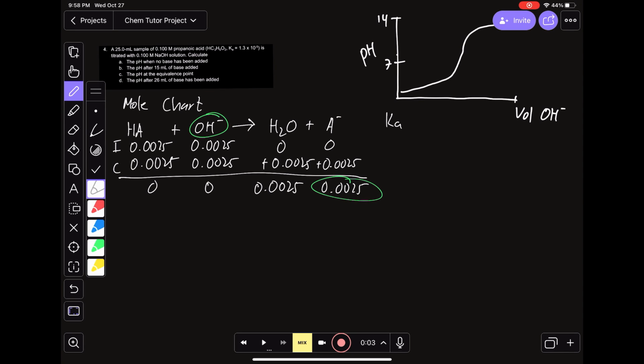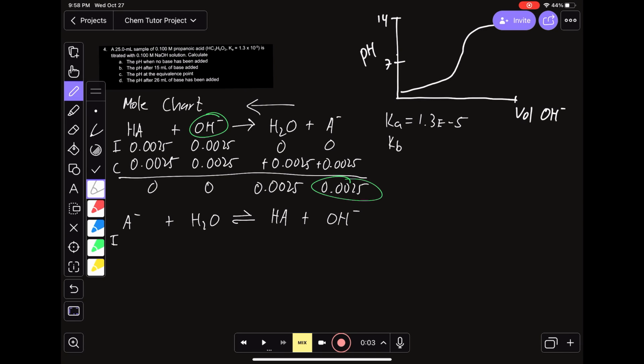So our Ka is 1.3 times 10 to the negative fifth, but the Kb, which is the opposite reaction, the reaction that goes to the left, also exists, and we have to flip the reaction to solve for it. So our new reaction is A minus plus H2O in equilibrium yields HA plus OH minus.